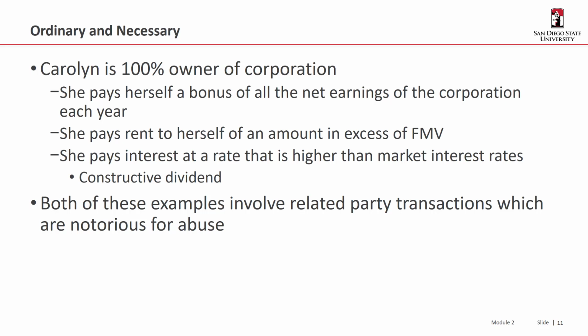Okay, well, she says, I'll loan my corporation money and I'll just charge them an extremely high interest rate, and I'll strip those earnings out. Well, all of these could be reconstrued as something called a constructive dividend. So remember, dividends are part two of the double taxation problem that corporations suffer. So what would happen is they'd be recharacterized as a dividend, and Carolyn would need to pay both corporate tax on whatever that income actually is, and then, of course, tax on the dividend she receives.